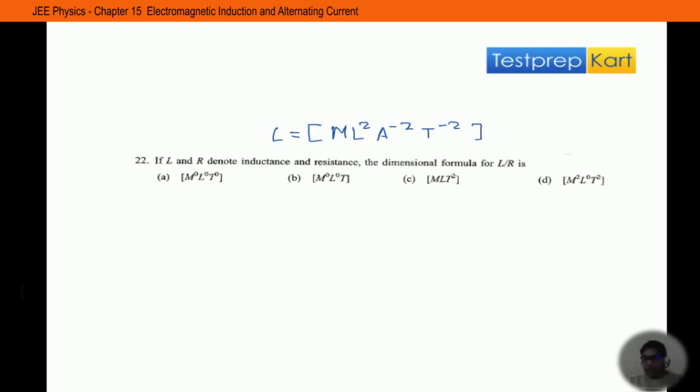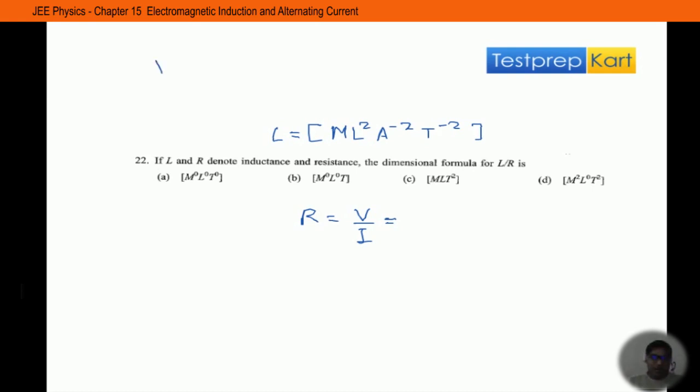On the other hand, if we calculate for the resistance, then resistance equals V upon I according to Ohm's law, and we can again get back to the voltage.